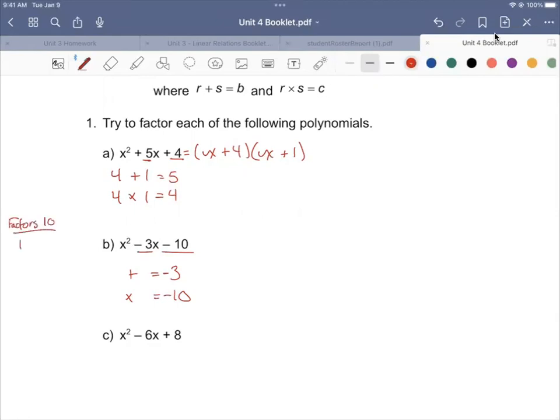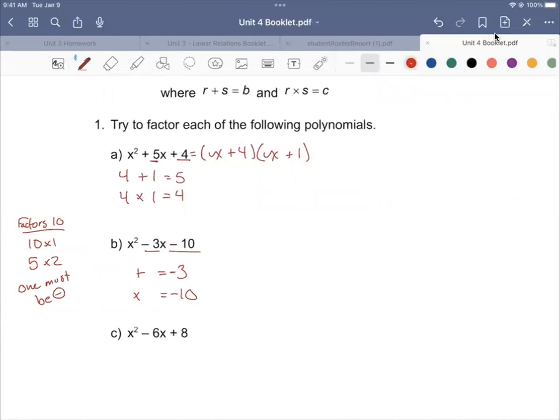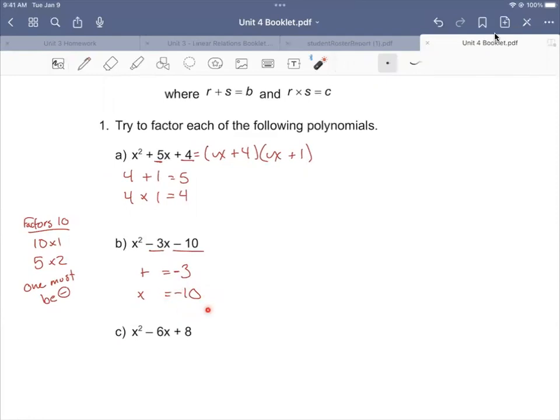I could get 10 times 1, 5 times 2, and those are about my only options. I know that one of these values has to be negative. It doesn't matter which one, but one has to be negative because they have to multiply to equal a negative number. And the only way to multiply to equal a negative number is to have a negative and a positive.